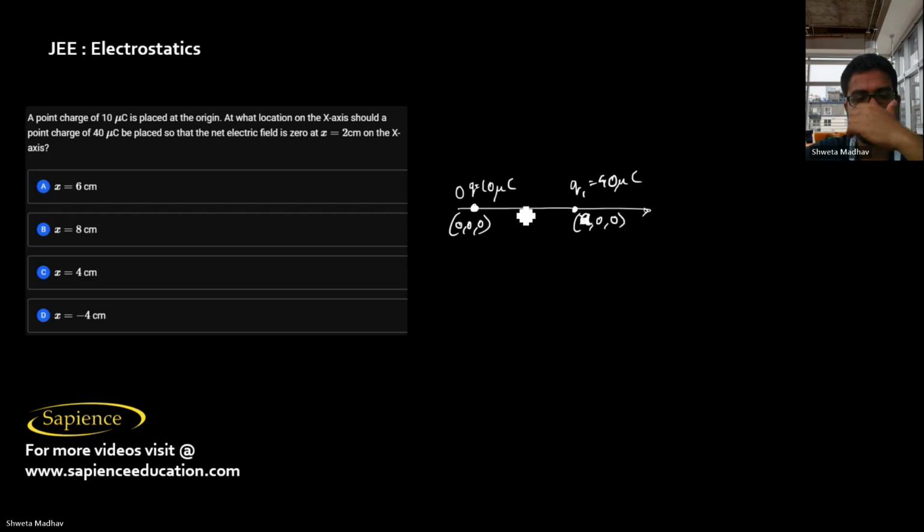So the net electric field at x equal to 2 centimeter on the x-axis is equal to 0.